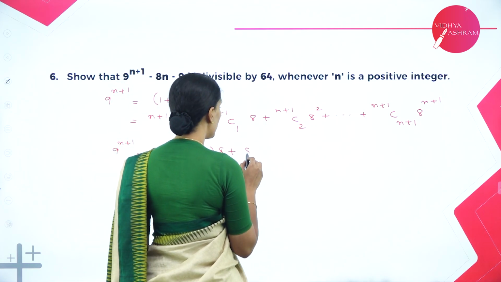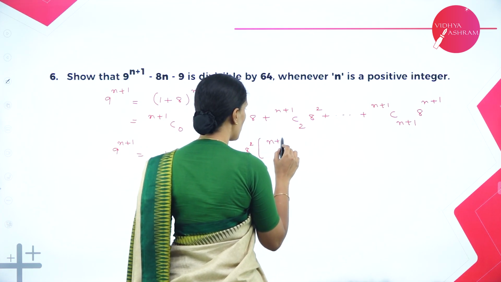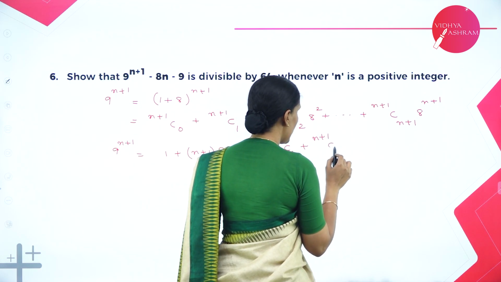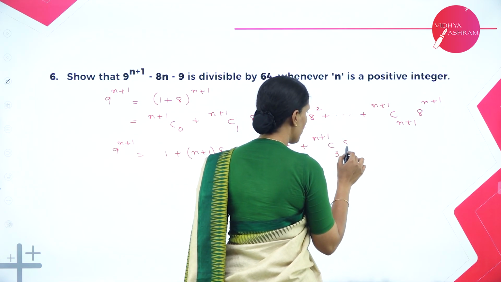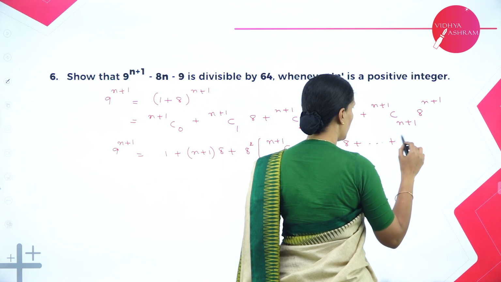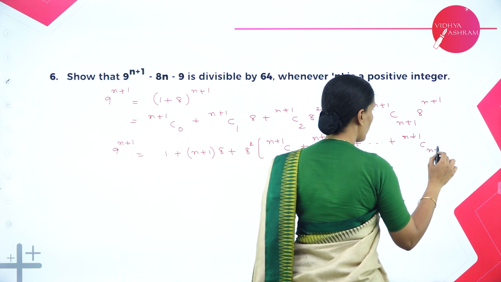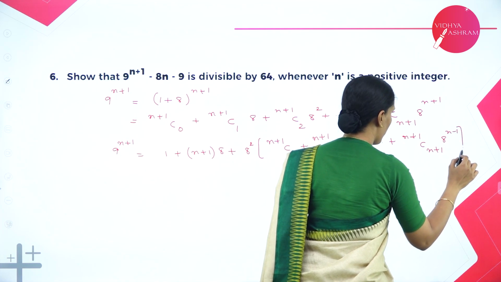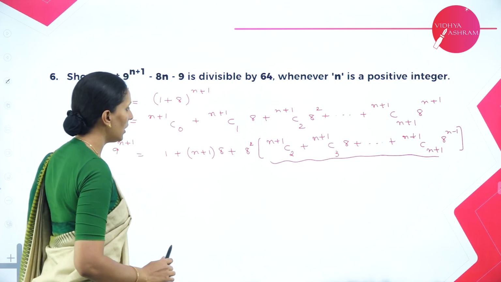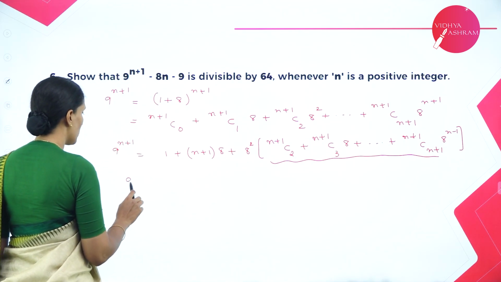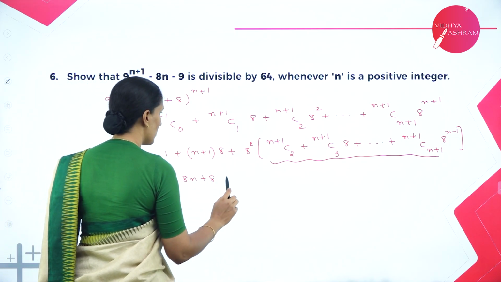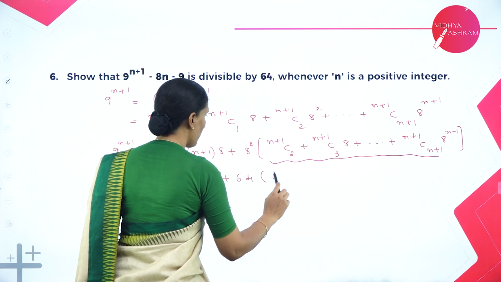If we take 8 square as a common factor, we get n plus 1 c2, the next term n plus 1 c3 into 8, and the last term, removing 8 square, is n plus 1 c n plus 1 into 8 to the power n minus 1. Now this is some integer. 8 square is 64. So 9 to the power n plus 1 is 1 plus 8n plus 8 plus 64 into some integer value.